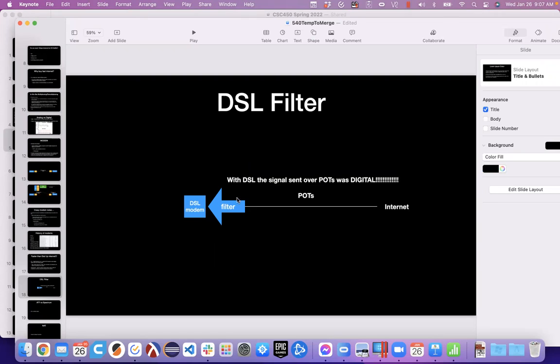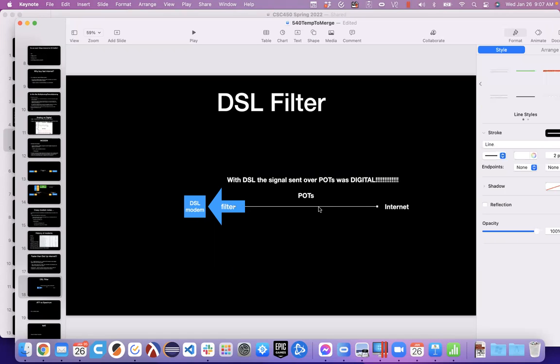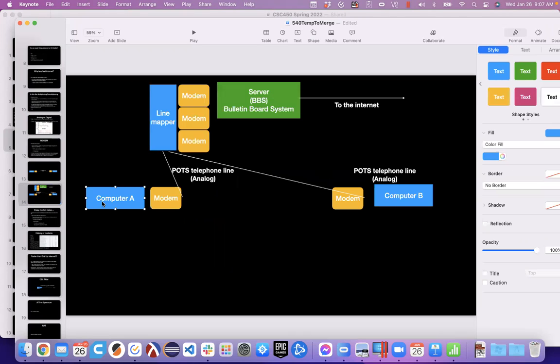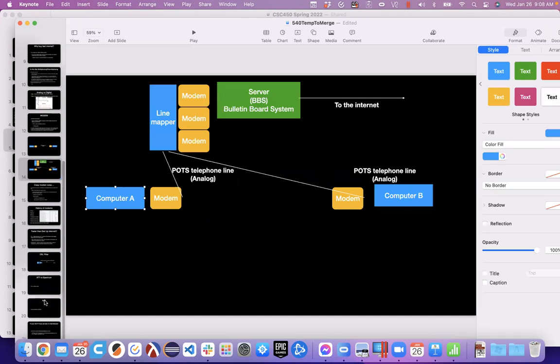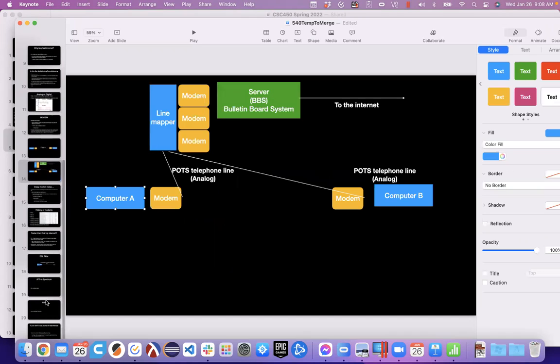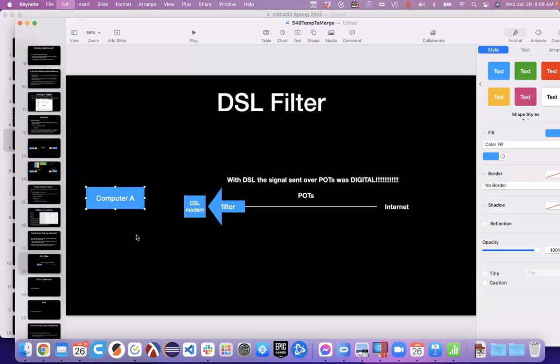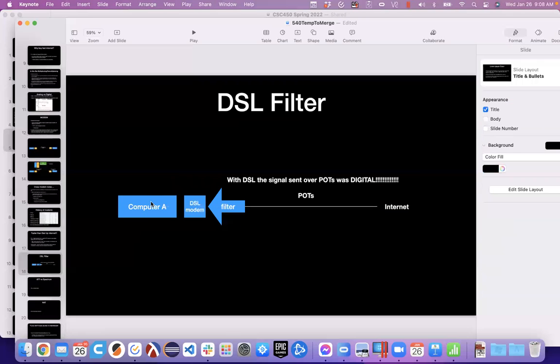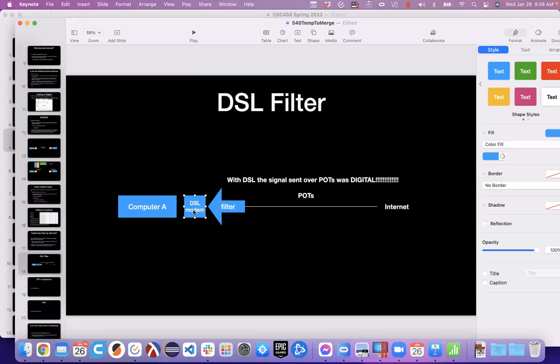Now, we'll come back to this filter thing in a second. If this signal was digital and your computer, I'll steal computer A here, and your computer is digital. Do I need a modem?